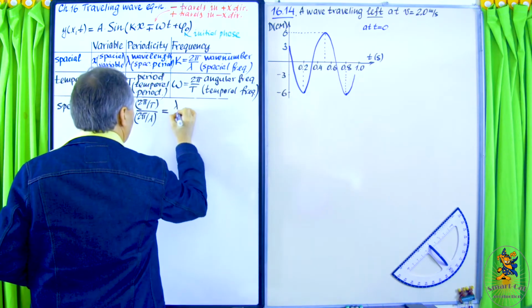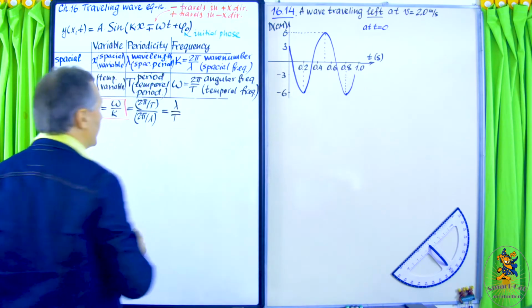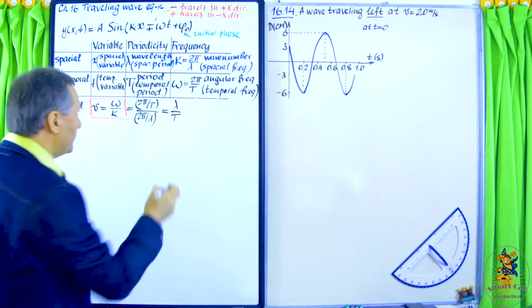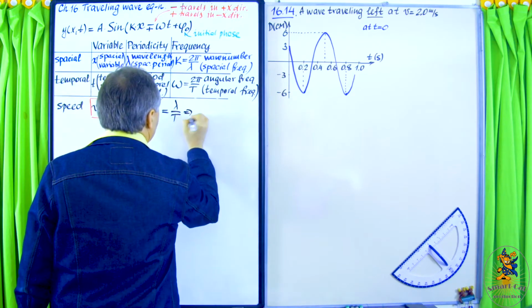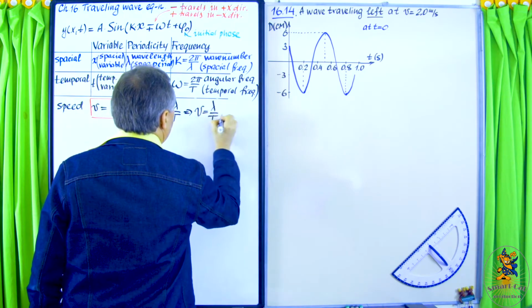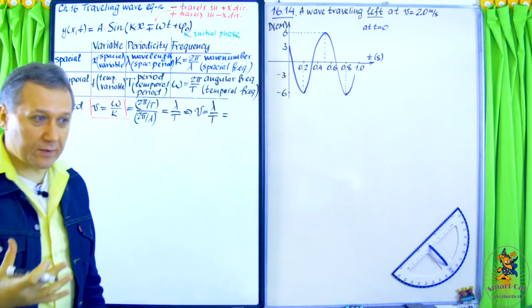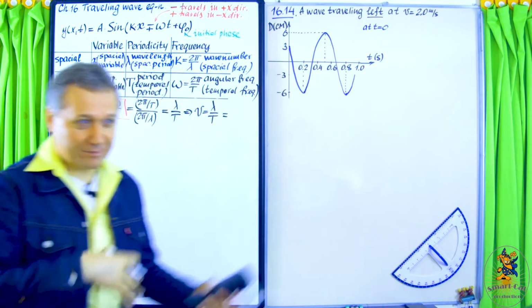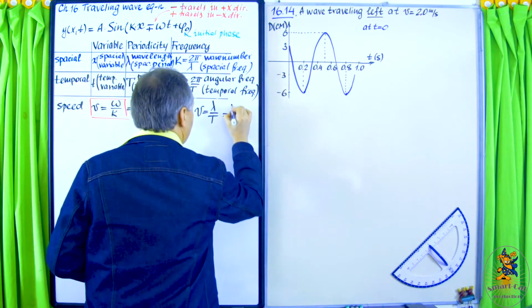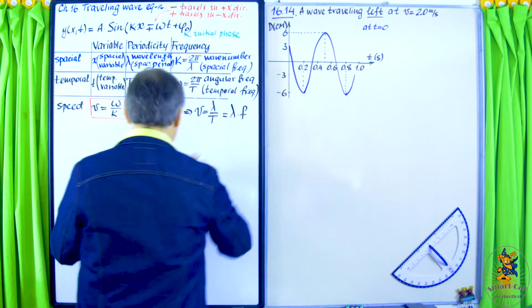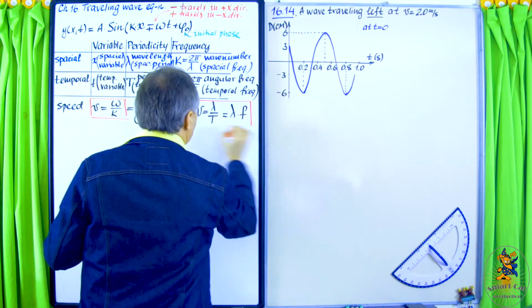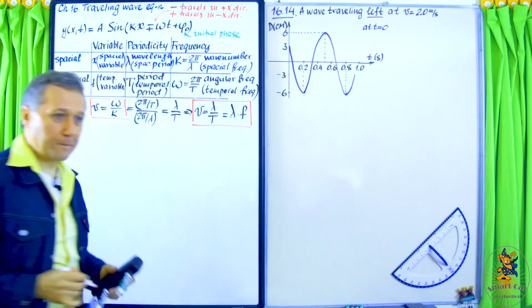You will get lambda over T. So that's another way of finding speed, right? You can write v as lambda over T, or since period and frequency are reciprocal of each other, we can also write it as lambda times frequency. So that's the second way of finding speed of the wave, right?